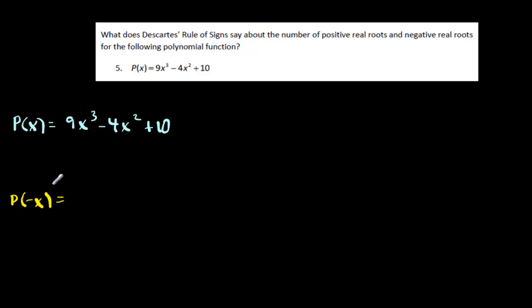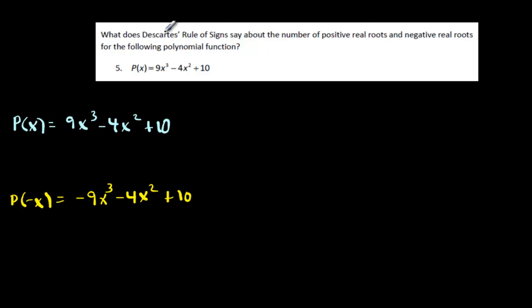Because if you put in a negative x in here, negative x cubed is negative x cubed times a 9 is going to give you negative 9x cubed. So you see, with an odd power, it's going to change the sign of the term. But with an even power, it's not going to do anything to it, because negative x squared is positive x squared times a negative 4 is negative 4x squared. And this isn't going to change sign.